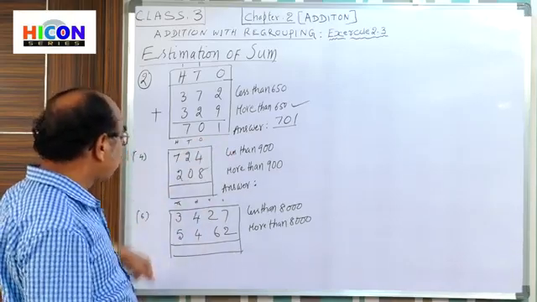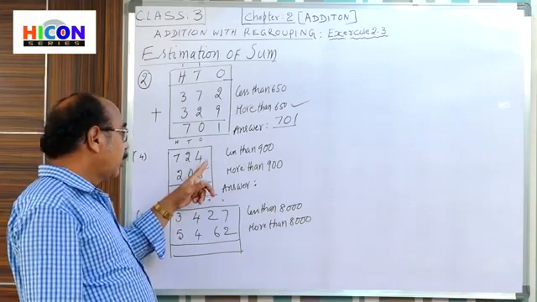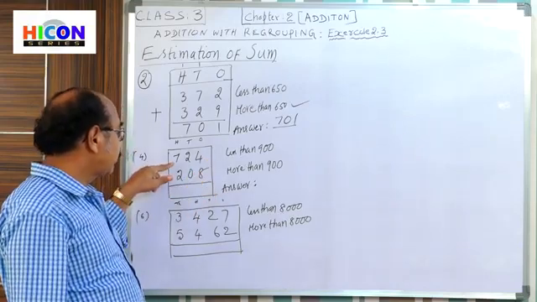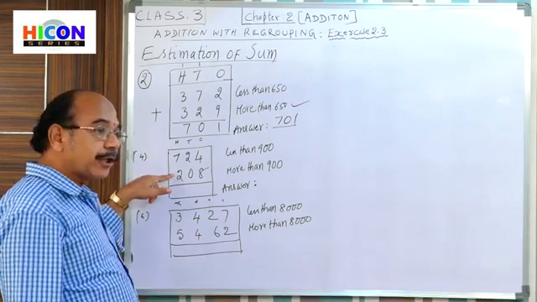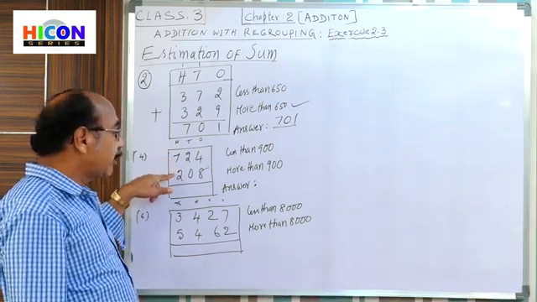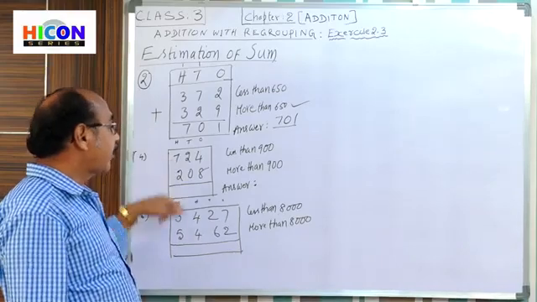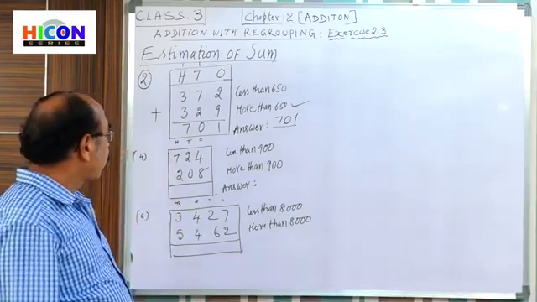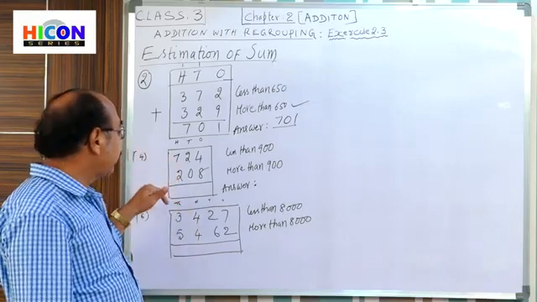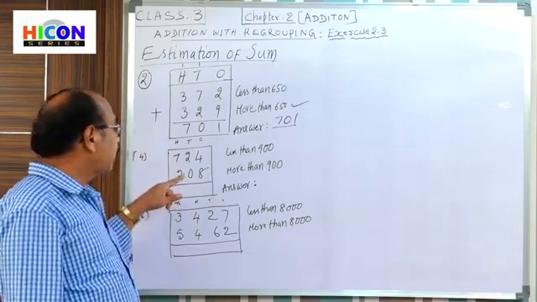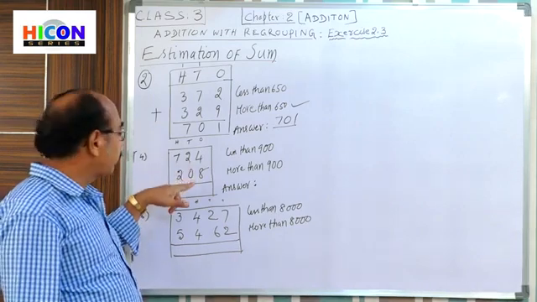Now you see here, 700s are there in the first number. In the second number, 200s are there. 700s plus 200s, 900. 900s are there in both the numbers together. And here 2 tens are there in the first number, here no tens.